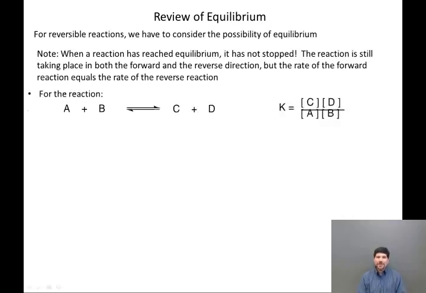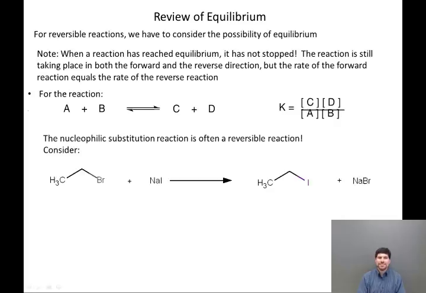For a generic reaction, A plus B in equilibrium with C plus D, where we call A plus B the reactants and C plus D the products, K, the equilibrium constant, is equal to the concentration of the products, C times D, divided by the concentration of the reactants, A times B. The nucleophilic substitution reaction that you have already considered is often a reversible reaction.